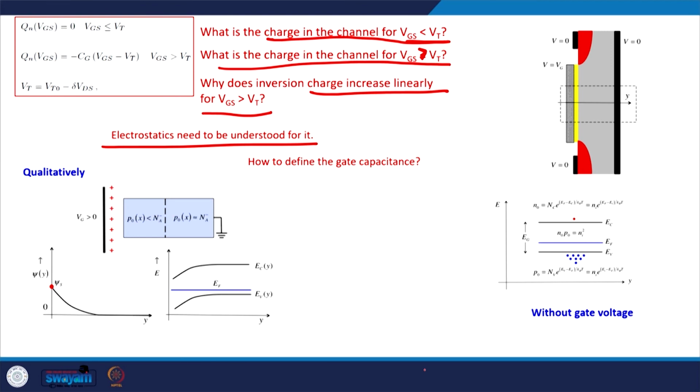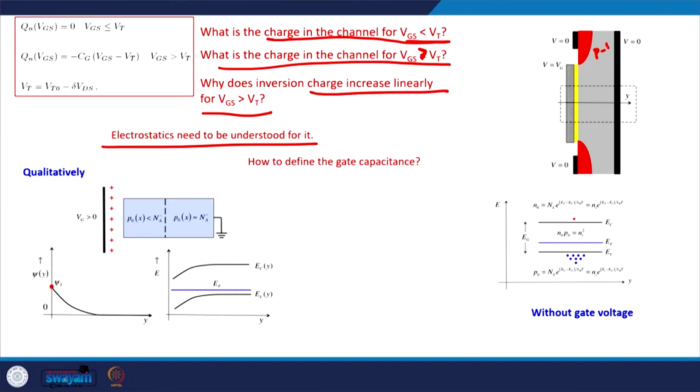And just to quickly tell you another important aspect while discussing electrostatics: the Poisson equation gives us mathematically the potential function as a function of charge distribution. But a better visual tool to understand electrostatics is the band diagram of the semiconductor.